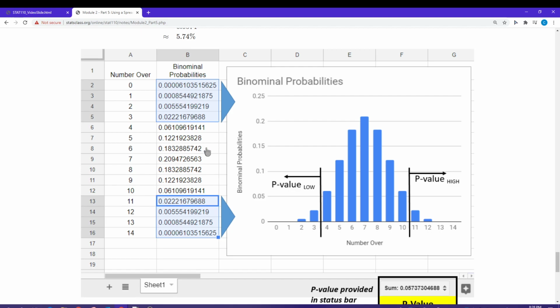It turns out that for a 50-50 scenario, the p-value low is going to match the p-value high exactly. So for a 50-50 scenario, this reference distribution is what we call perfectly symmetric. And what that means is the probabilities on the low side are going to match the probabilities on the high side. As a result, some people will just take the p-value on one side and multiply it by 2.